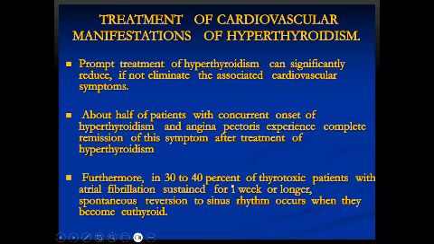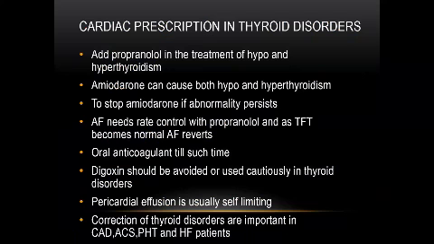If it's a recent-onset atrial fibrillation, spontaneous reversion to sinus rhythm can happen when you correct the hyperthyroidism. When you correct hyperthyroidism, the LV dysfunction may become normal, hypertension can become normal, you can have remission of cardiac symptoms, and the atrial fibrillation can come to sinus rhythm.